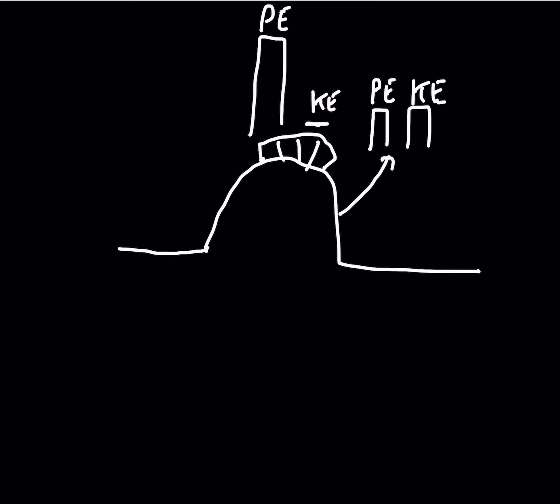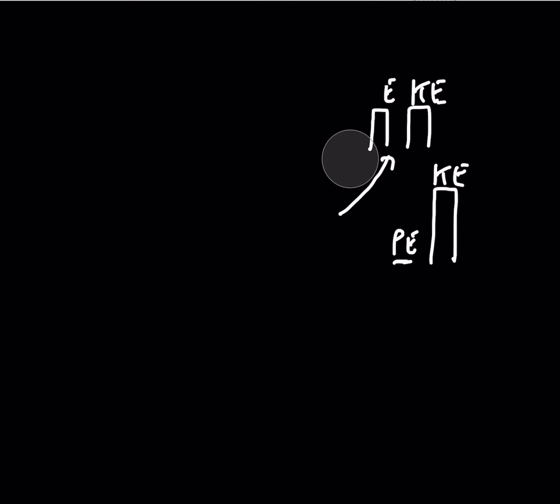And at the bottom of the hill, this will be zero potential energy and 100% kinetic energy here. So that's a way to look at it conceptually in the situation of a roller coaster.